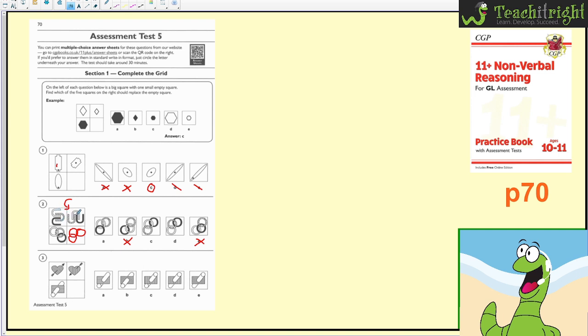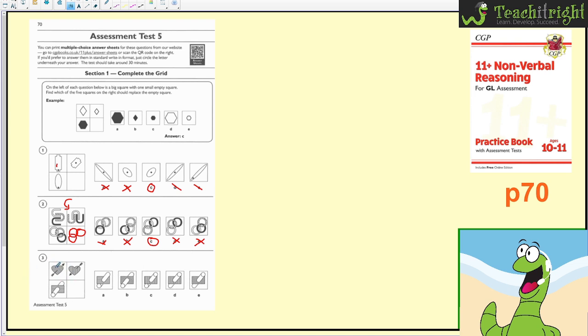The left one has become the middle one. So the white one should become the middle one, so we should have a white one in the middle, which eliminates D. Then the right one has stayed the right one, so that right one is black, the right one should stay black, which eliminates A. So I think C must be the answer for that one, just tracking where the colours have moved to and why.